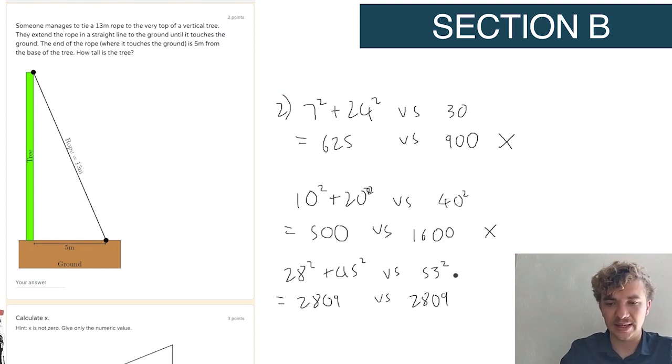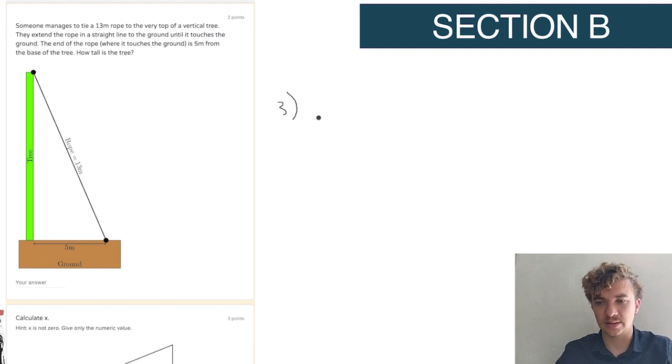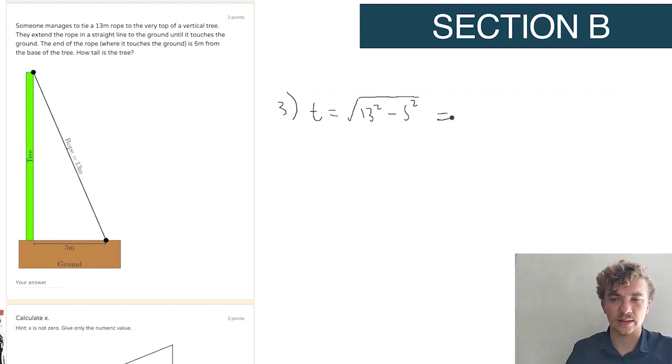And the length of the tree, let's just call that t, is then just the square root of 13 squared minus 5 squared. You type that into your calculator and you'll see that it's 12 meters long. So the answer over here is 12.